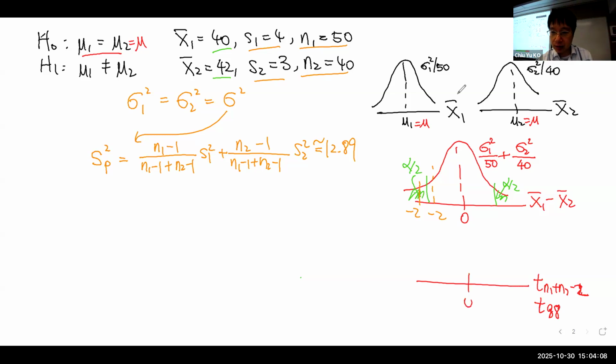And this is 0. And what is 2 here? -2, right? It's -2 over the square root of this guy, right? So this is what? -2 over square root of, we plug in, this is 12.89 over 50, right?